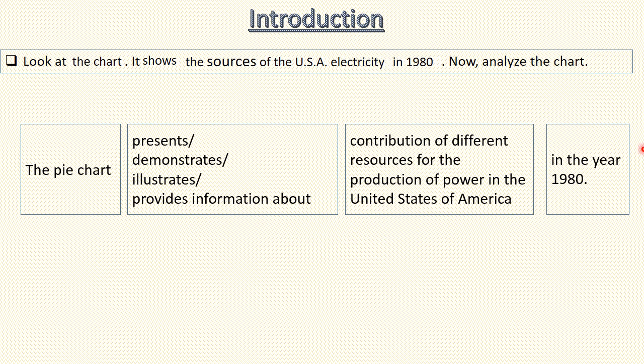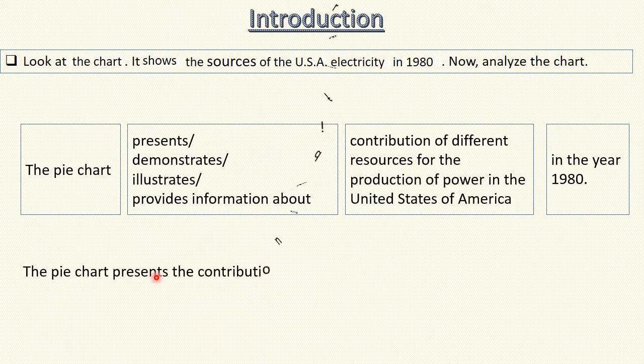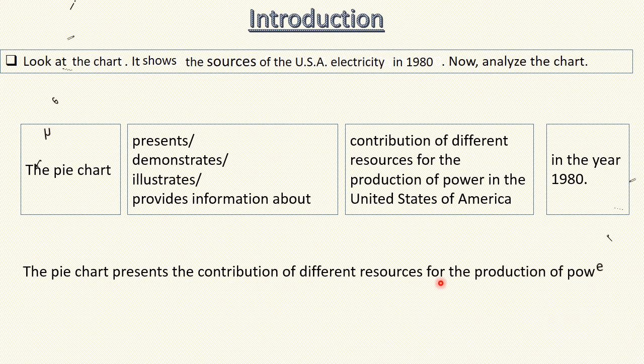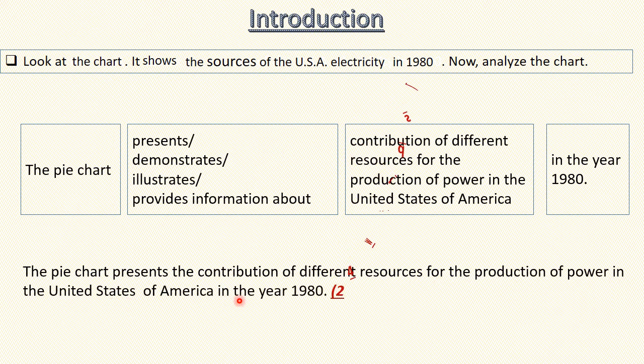So we can write the introduction in this way. The pie chart presents the contribution of different resources for the production of power in the United States of America in the year 1980. And there are 24 words in the introduction.